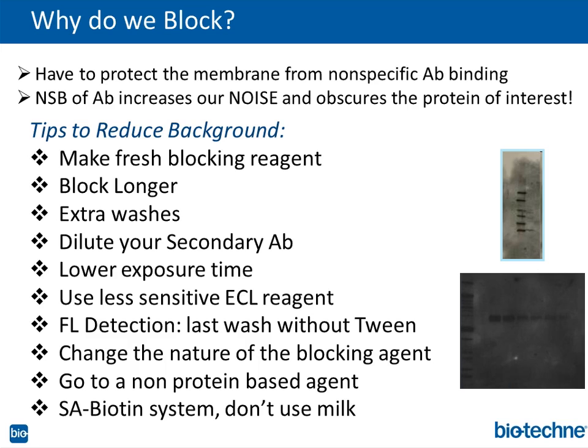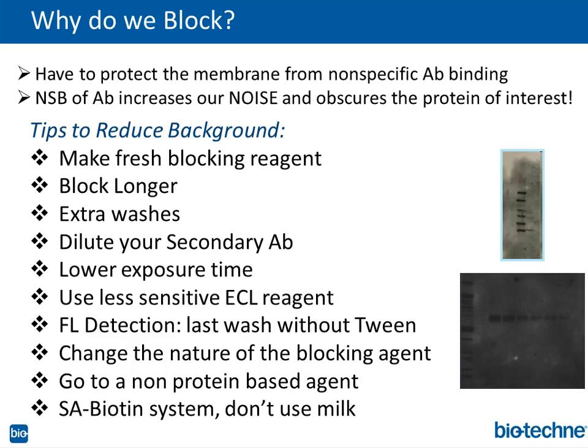0.22 membranes, by the way, are notorious for giving you higher background because there's a lot more internal surface area there. Do extra washes. Now here's a tip that I don't know if people do or don't do: the secondary antibody, typically a polyclonal, can be very powerful, and a lot of people use way too much.